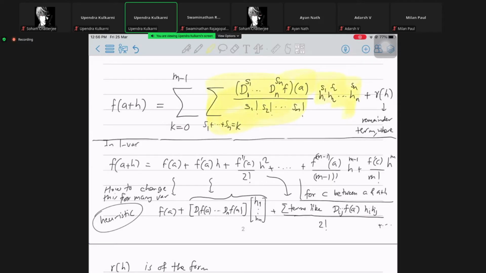Except now the value of K will be... what will be the value of K? M. M, exactly, that's all.